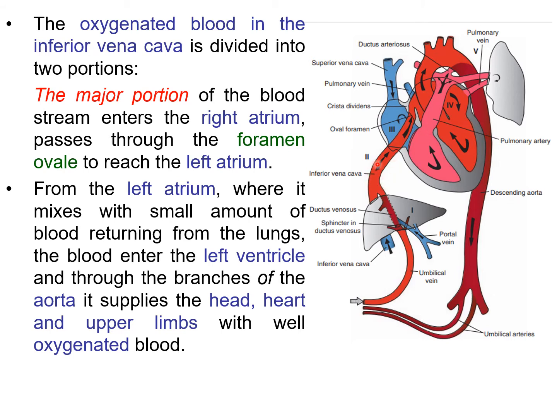So most of the blood coming from the inferior vena cava enters the right atrium, and from the right atrium it moves directly to the left atrium through the opening known as the foramen ovale. When it reaches the left atrium, it mixes with a small amount of blood returning from the lungs, which is almost 10% of the blood.